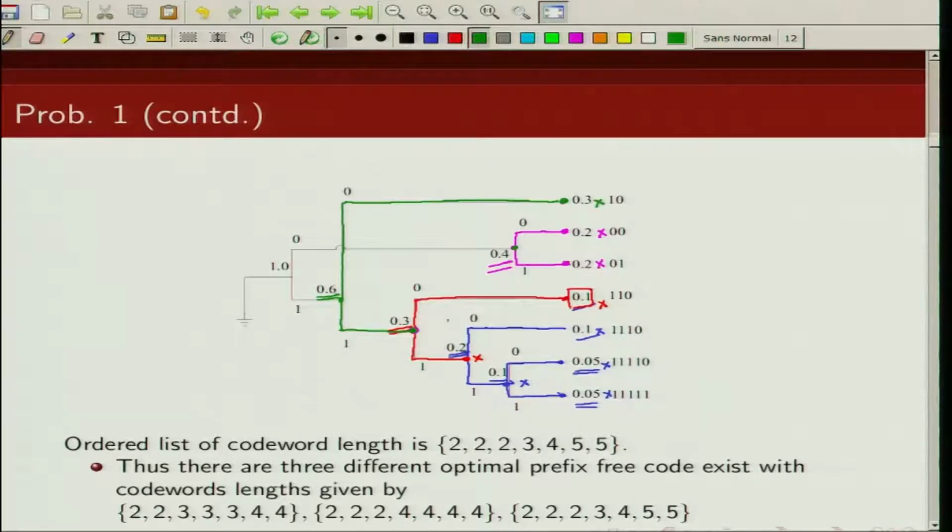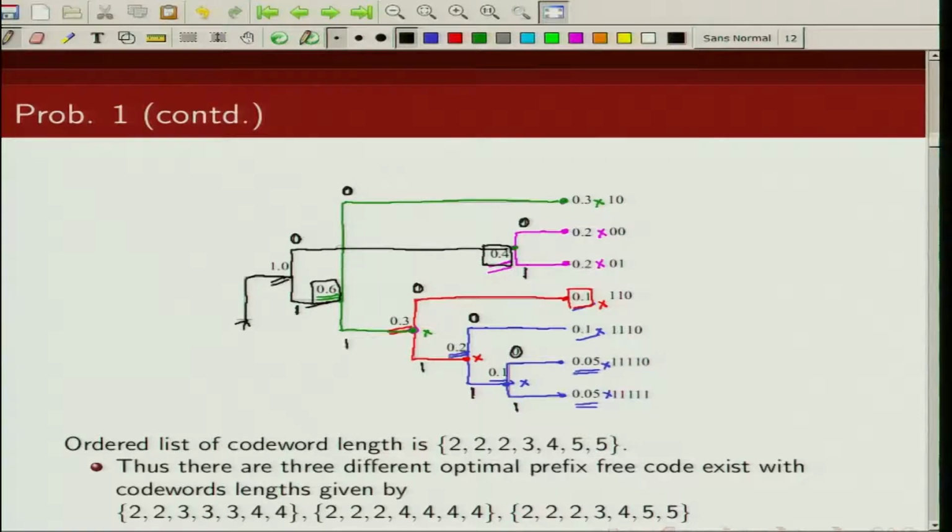So I deactivate this and this. Finally my active nodes are this one and this one. So I combine these 2 and what I get is a root node with probability 1. And finally, as I said, I am going to assign zeros and ones to these branches: 0, 1, 0, 1, 0, 1.